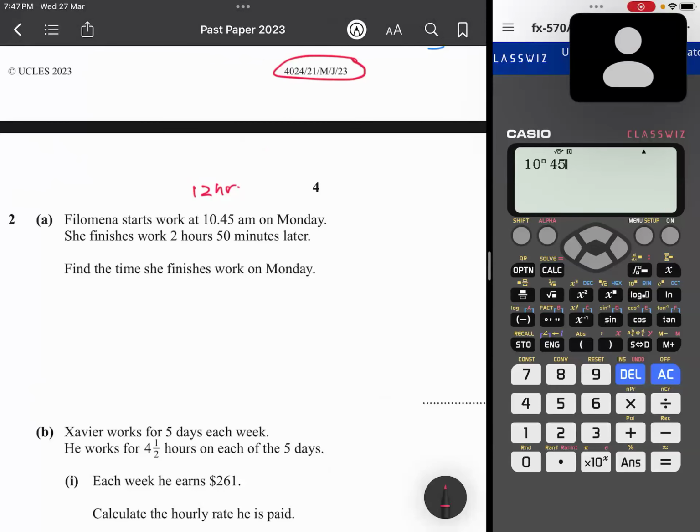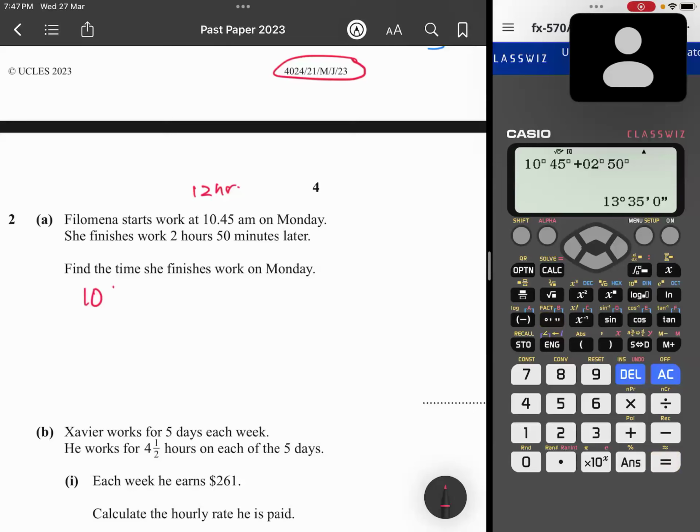Just as the earlier questions were in your paper. So Philomena starts work at 10:45 a.m. on Monday. So 10:45 in 24 hour and 12 hour is the same. She finishes work after 2 hours and 50 minutes, so let's add 2 hours and 50 minutes. The time is 13:35.